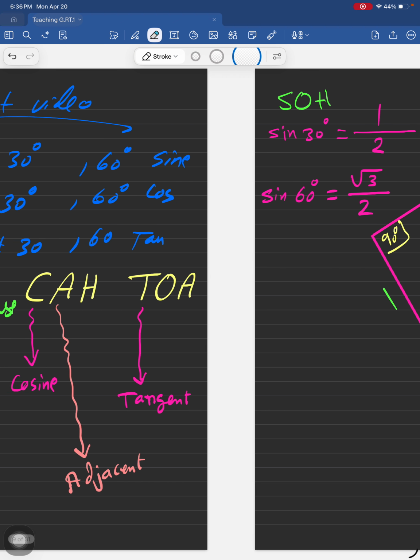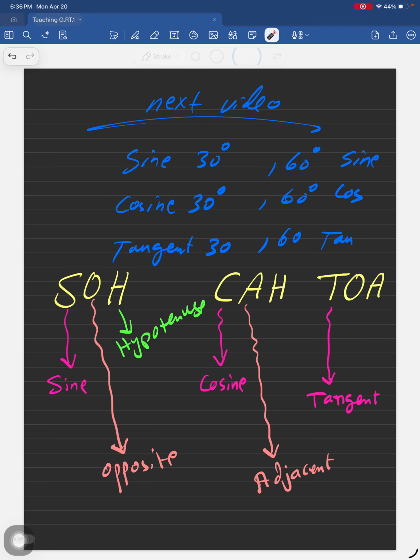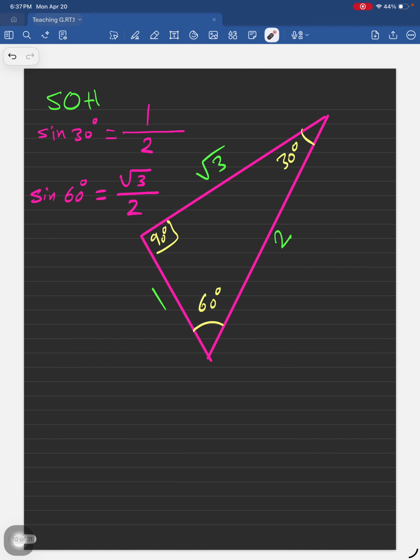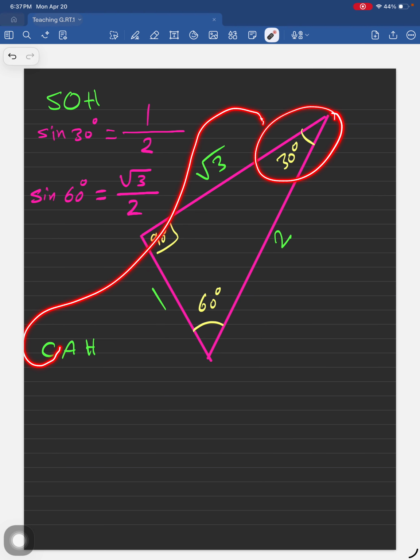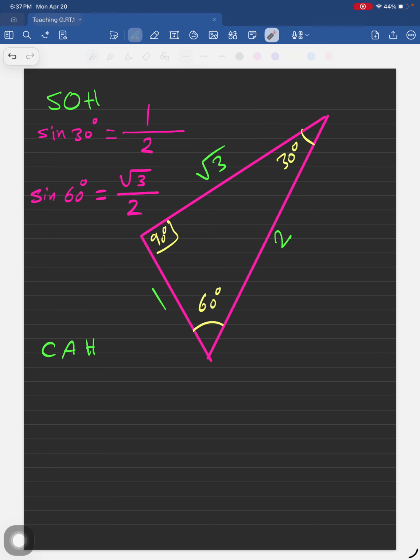The second thing we need to talk about now is the cosine, which is CAH. So we can start as follows. CAH. Let's start now with the angle 30 first. Talking about the angle 30, we need the cosine of 30 as follows.